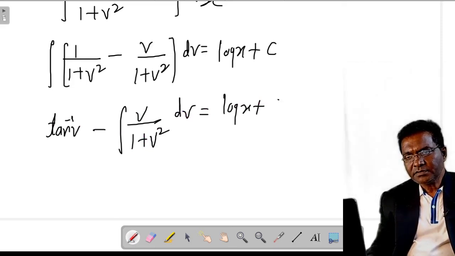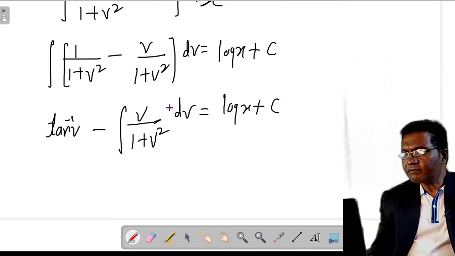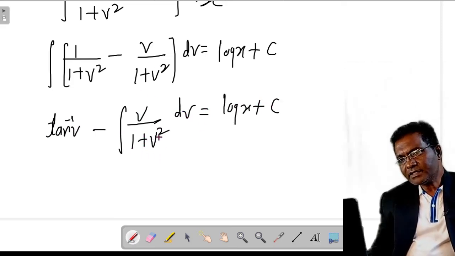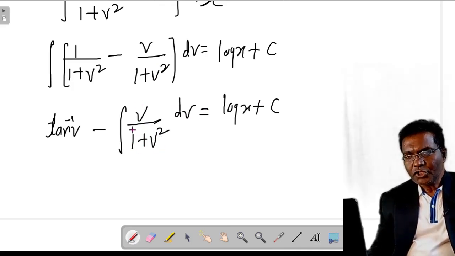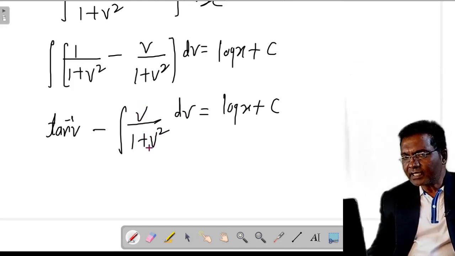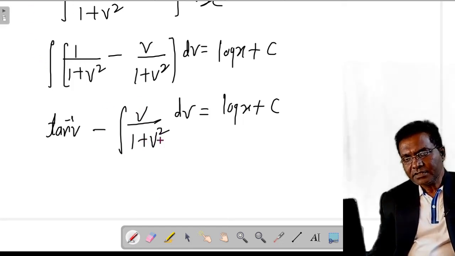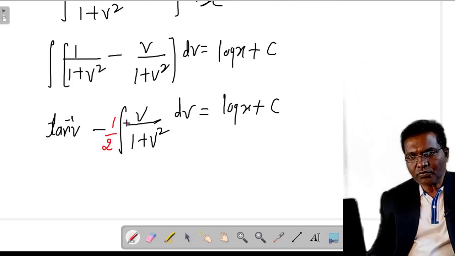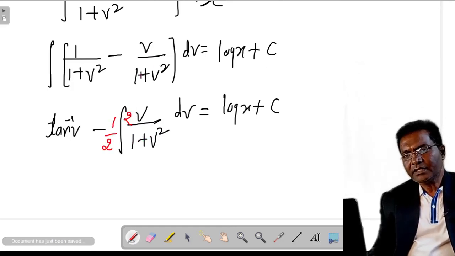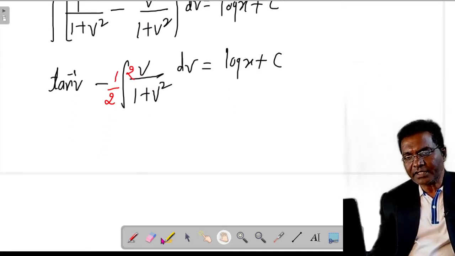One can write directly by practice. As I said, if the numerator is the derivative of the denominator, you can directly write its integration as log of the denominator. Its derivative is 2v, so I can multiply and divide it by 2 so as to make the numerator the derivative of the denominator.